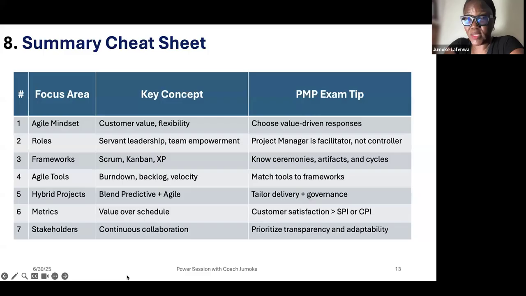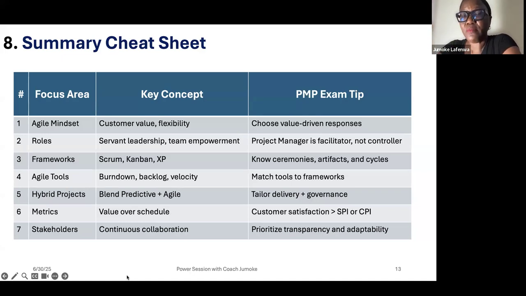So for every $1 you spend, let's say when you divided it was 1.1, it means for every $1 you spent, you are getting $1.10 worth of work done. So that is good. All right. So that is what we mean by cost performance index, CPI, and SPI, schedule performance index.